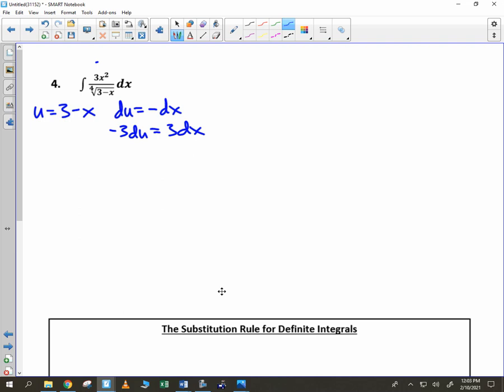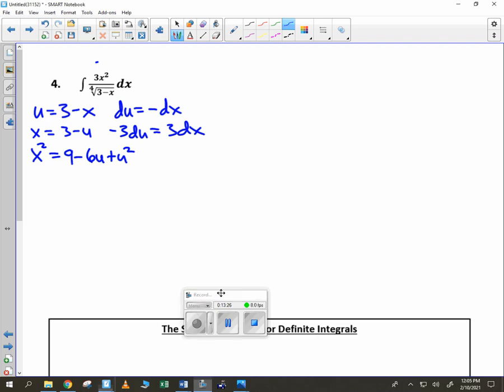I got to get the x squared. There's not even an x squared up here. These are fun. Okay, here we go.